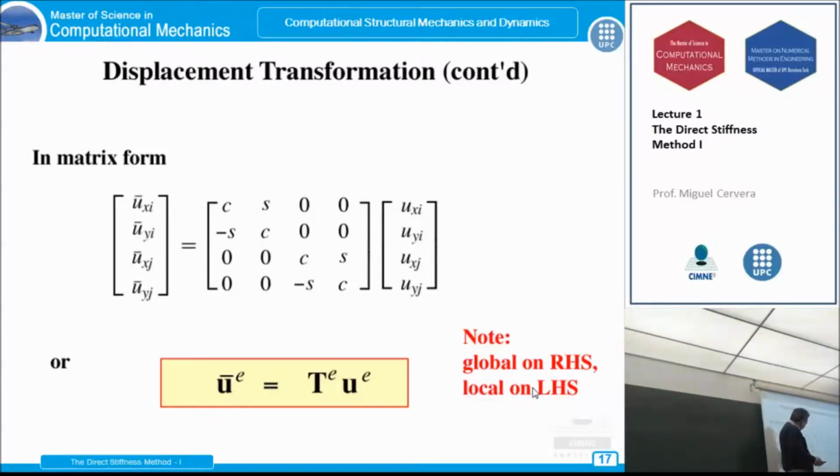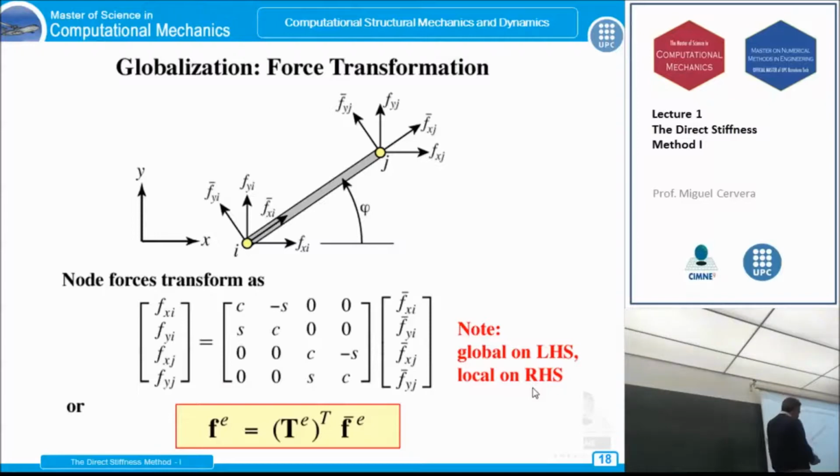The local displacements can be expressed in terms of the global displacements using a transformation matrix, which is this one. We can do this for the displacements, and obviously we can do this for the forces. If we do it for the forces in an exactly analogous way, we get this. Rather than writing exactly the same, we have written it the other way around.